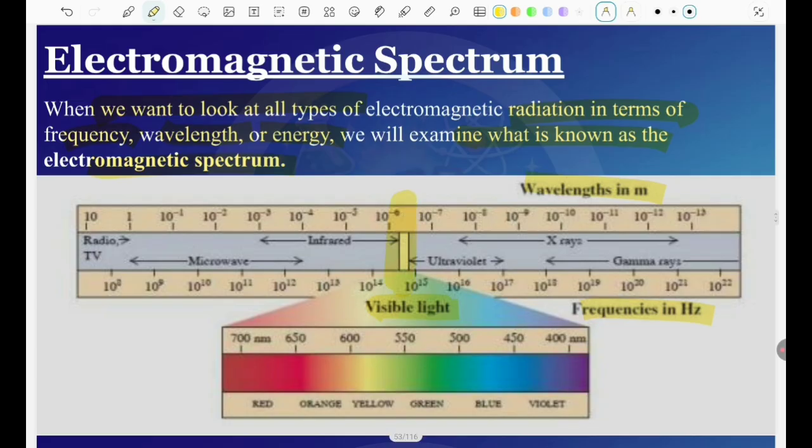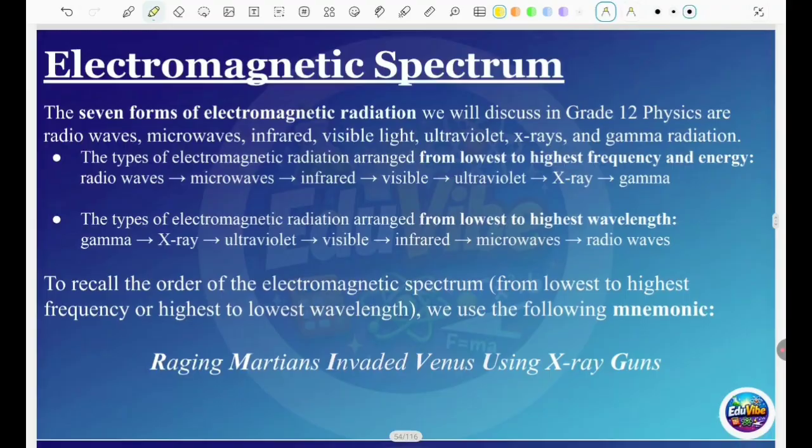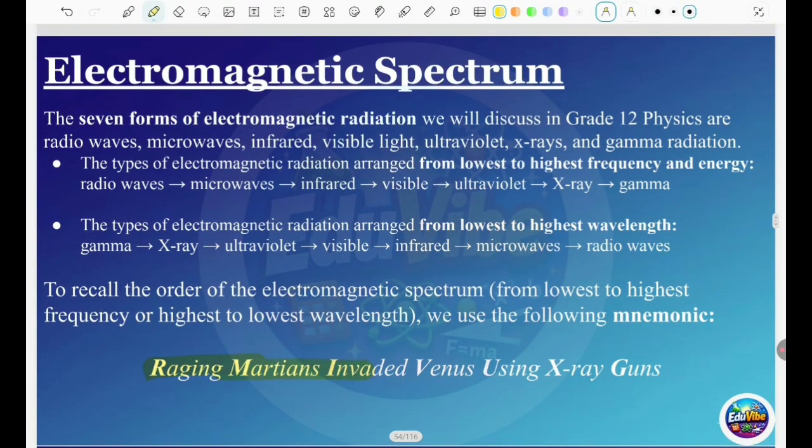You have to know the main things. We have a mnemonic for this: The Radiant Martins Invaded the Venus Using X-ray Guns. This mnemonic goes from the lowest to the highest frequency and energy. If you want to go from the lowest to the highest frequency and energy, you use the mnemonic, and you can read it backwards if you want.